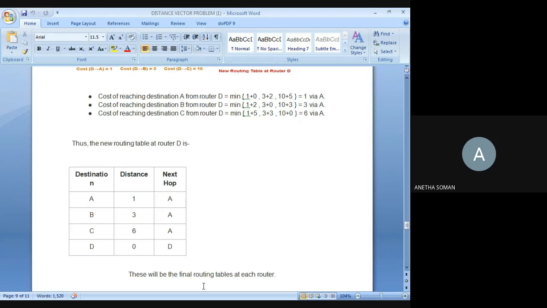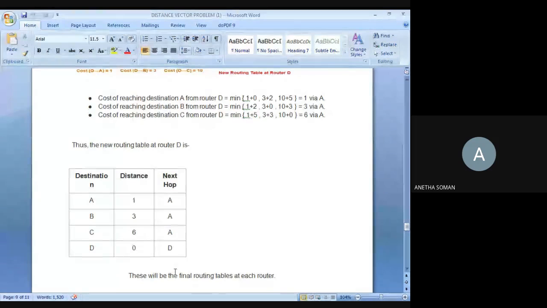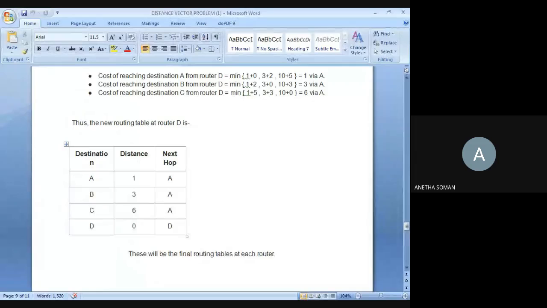Okay, now there is a homework problem. Just take down that network.